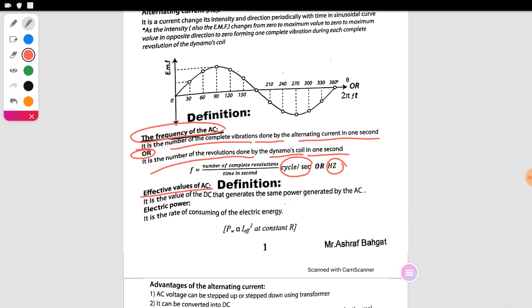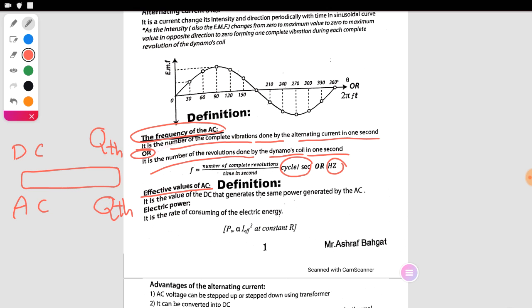Another definition is for the effective value of alternating current. If you have a conductor carrying direct current, DC current, it will produce a quantity of thermal energy. When AC current passes through the conductor, it produces the same quantity of heat or thermal energy.